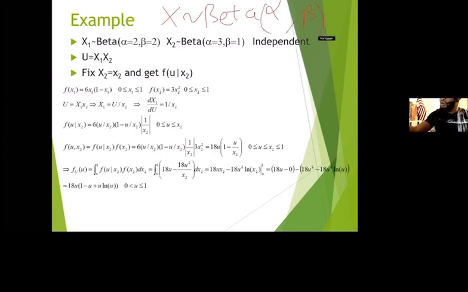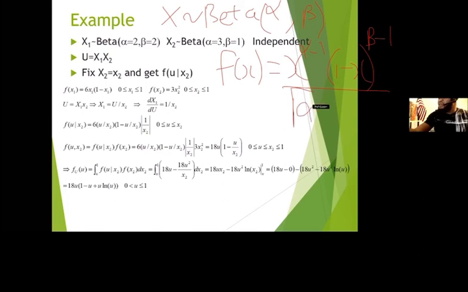The f of x is x raised to the power alpha minus 1, times 1 minus x raised to the power beta minus 1, divided by gamma alpha, gamma beta. I think I have gamma alpha plus beta. You remember what we did before, right? So that is f of x if x follows a beta distribution.